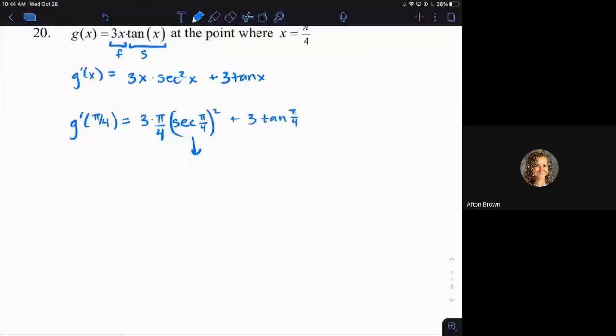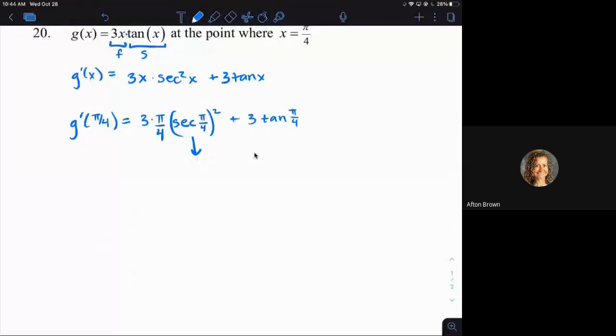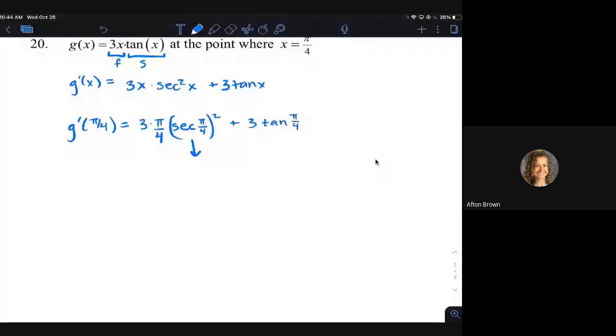Let's just try again. All right, whoops. Can you see my screen now? Has problem 20 on it? Yeah. Okay, thanks for telling me.